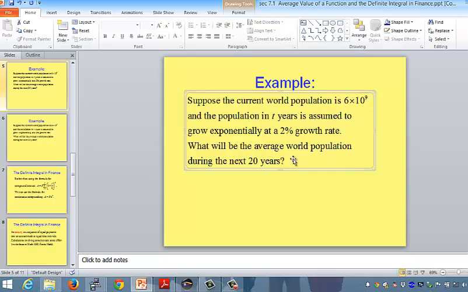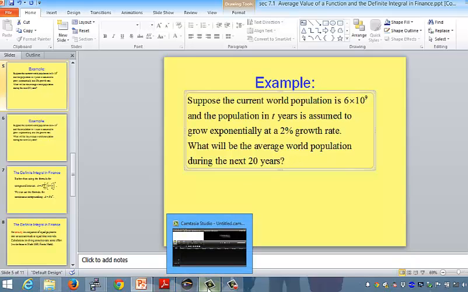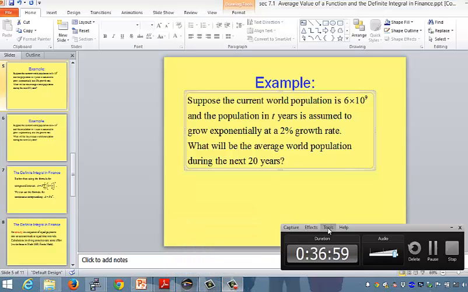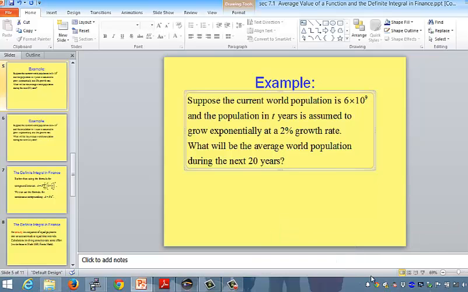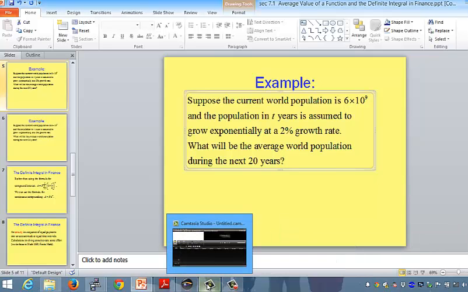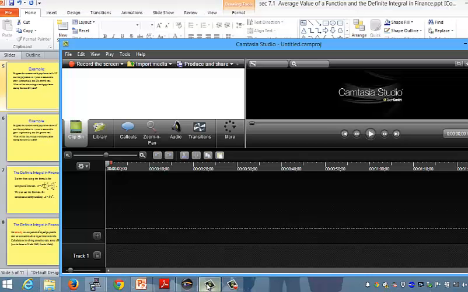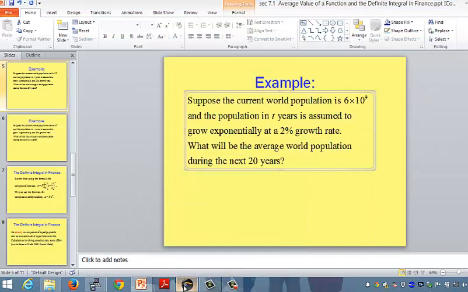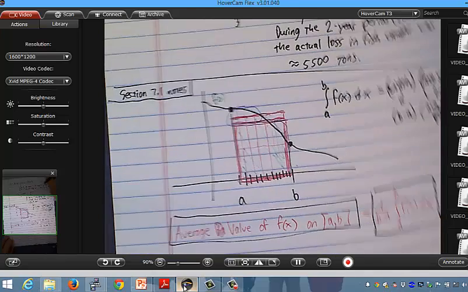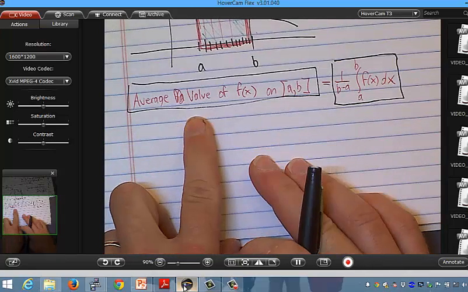Okay, we want to compute the average population. By the way, all right, let's go back to our program here. We want to compute the average world population during the next 20 years. So, that's not what I need. I need this. I need my average value. So here I go.